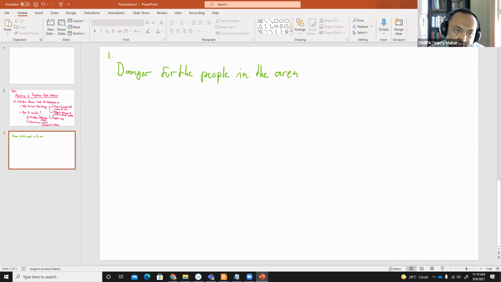So from here, we can do a background story of the volcano itself. What is the history of Tangkuban Perahu? The actual history, right? The geological history.